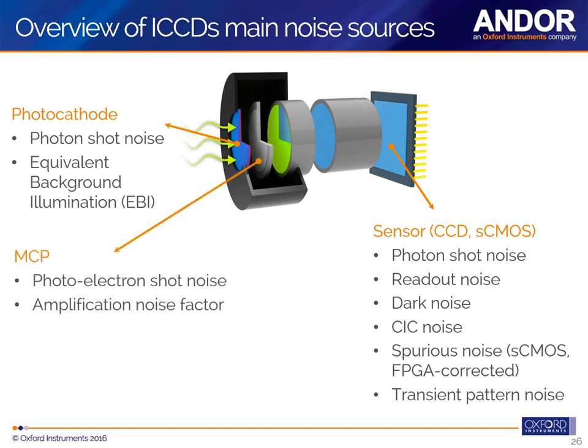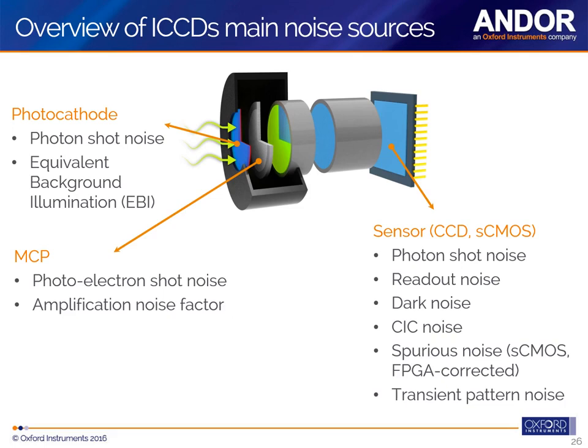The MCP carries a number of noise contributions as well. The first one is the shot noise associated with the photoelectron cloud coming from the photocathode and reaching the MCP. And then MCP amplification relies on a phenomenon that's not guaranteed.